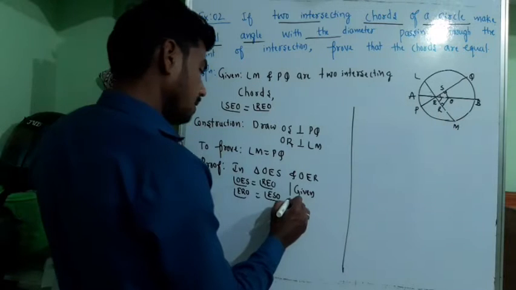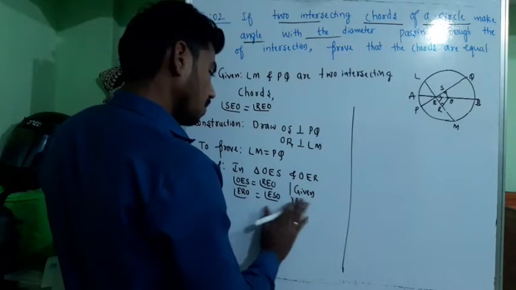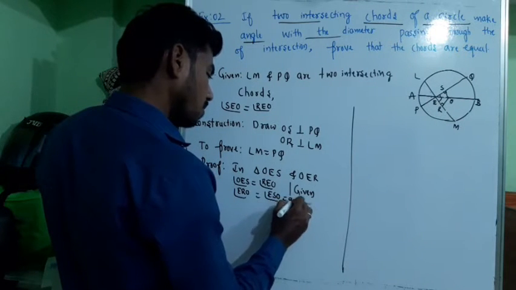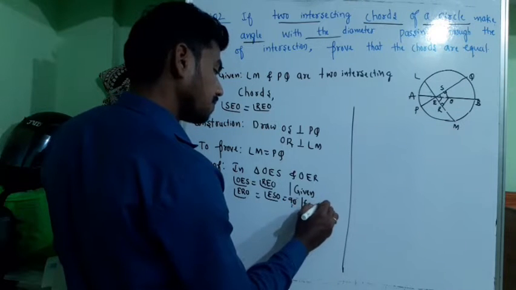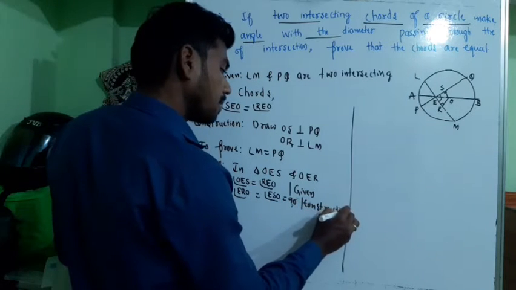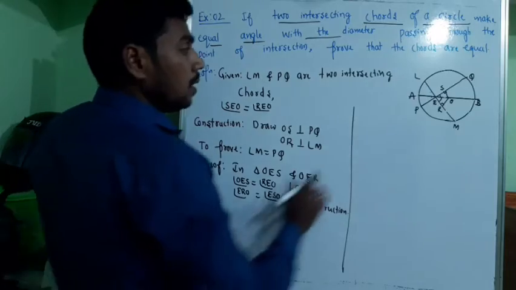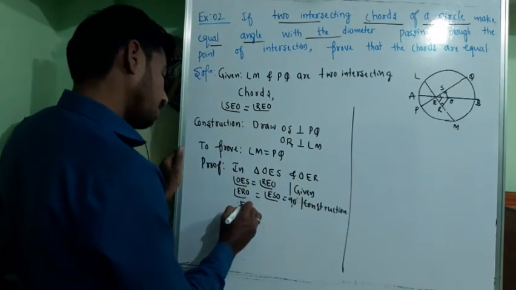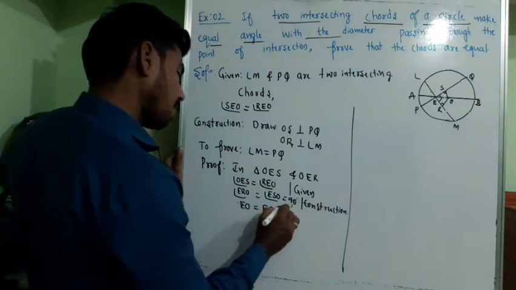Fine. This is through construction. Angle ERO is equal to angle ESO is equal to 90 degrees. This is through construction. Fine. Next, EO is equal to EO. Common side.